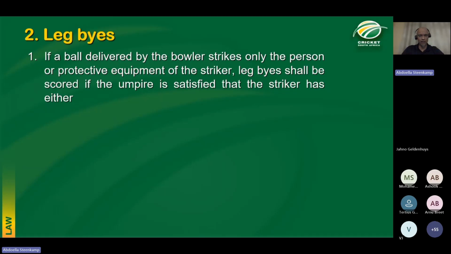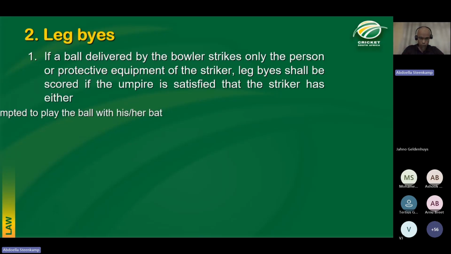But the law allows for the ball to strike the tummy, the shoulder, the arm, any part of the person. If it strikes any part of the person or the protective equipment, like the helmet, leg byes can be scored, but there are 2 conditions that need to be met.